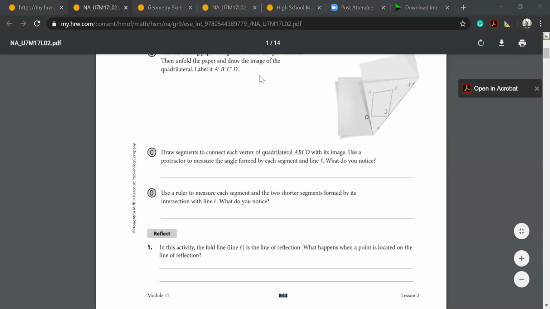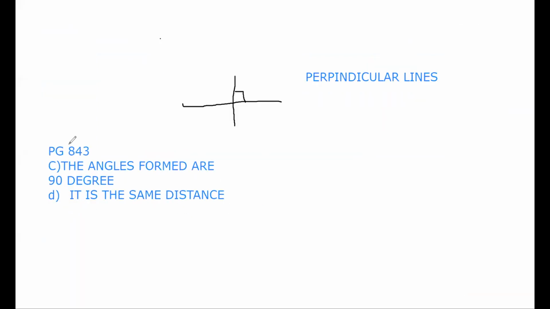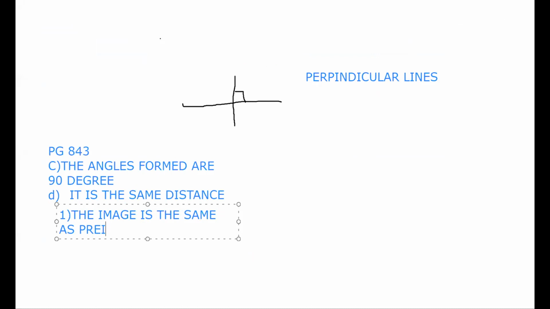And this is what you are going to write for question 1: just write the image is the same as the preimage.